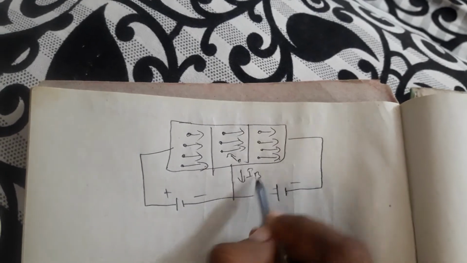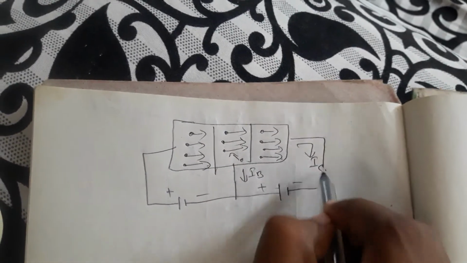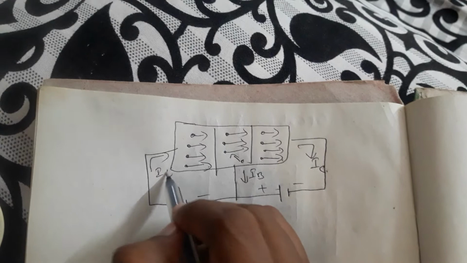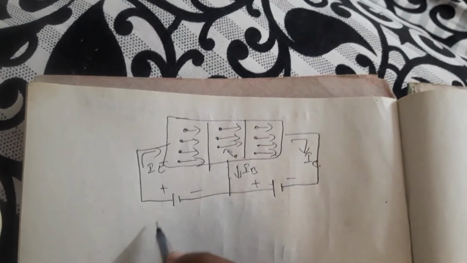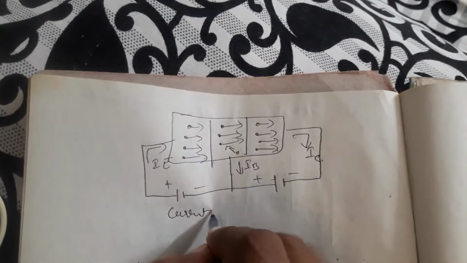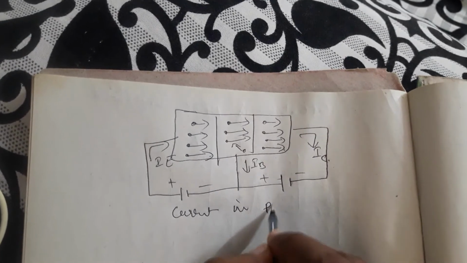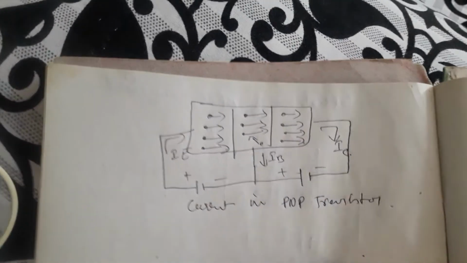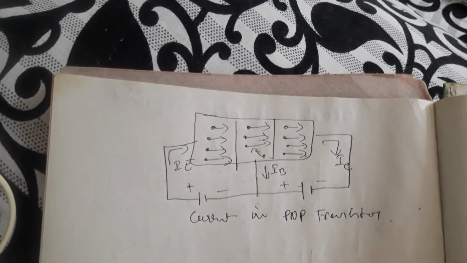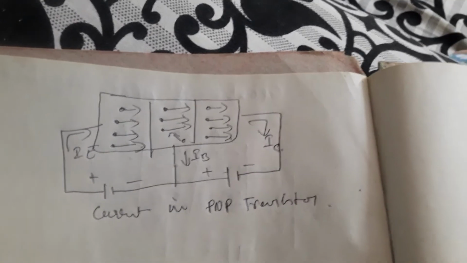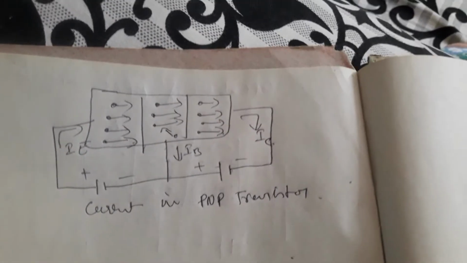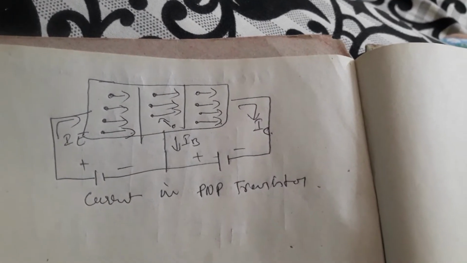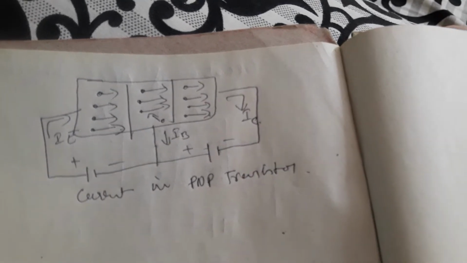This is IB, this is IC and this is IE. This is the current in a PNP transistor. The current amplification factors alpha and beta are for common base and common emitter transistor configurations respectively, for the static DC currents and for small changes in the currents.